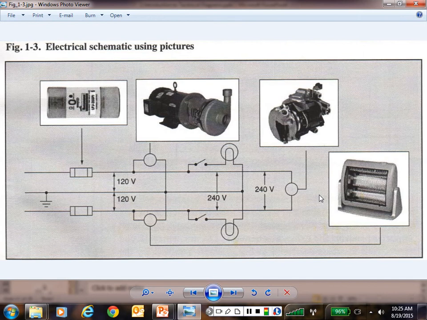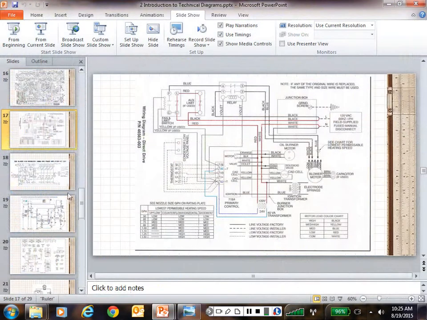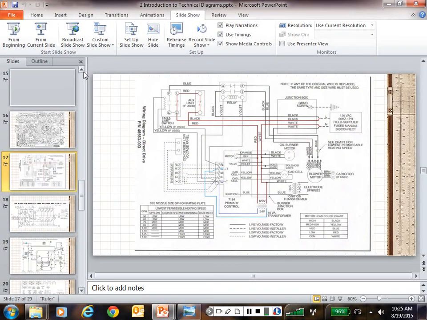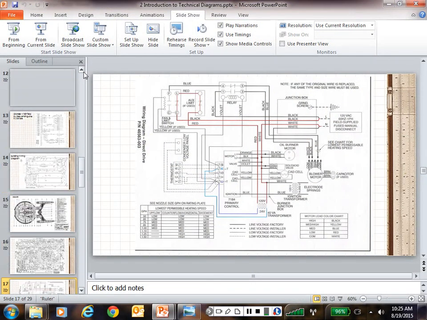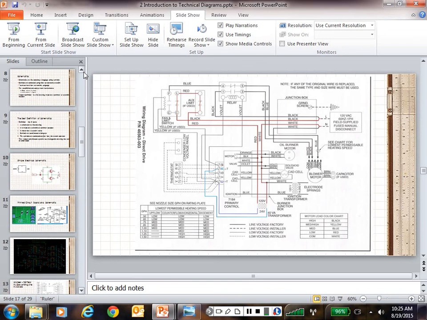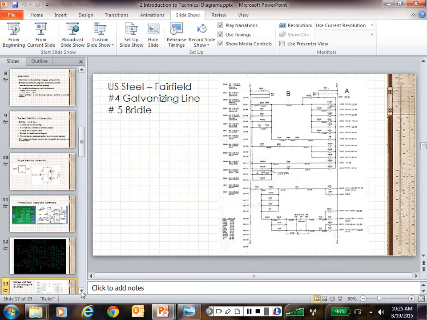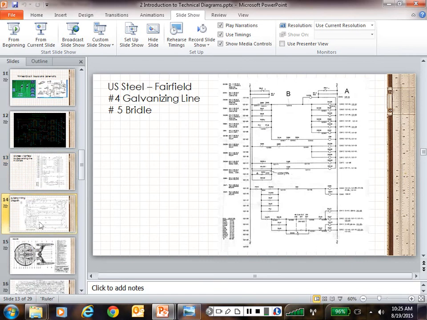Then they talk about some electrical symbols. I don't see it on that page. What figure are they talking about? Still don't see it. Oh, this is one.